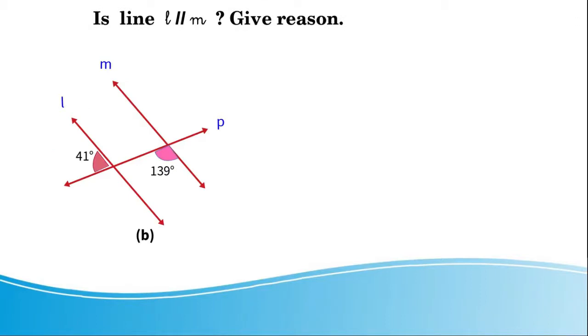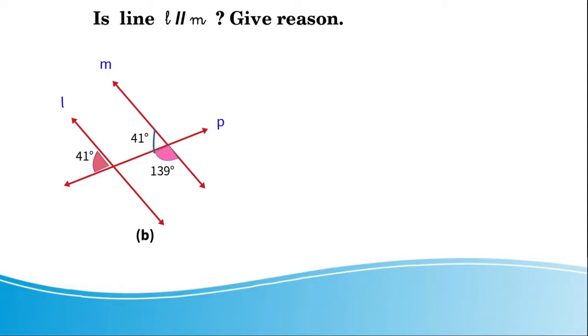Next one. Is line L parallel to M? Give your own reason. We know that these two angles are linear pairs. So one of the angles is 139, then the next angle will be 180 minus 139, that is equal to 41 degrees.